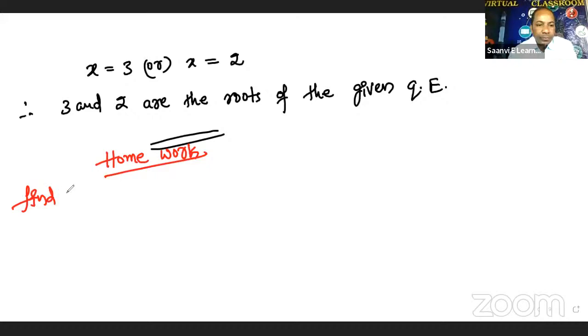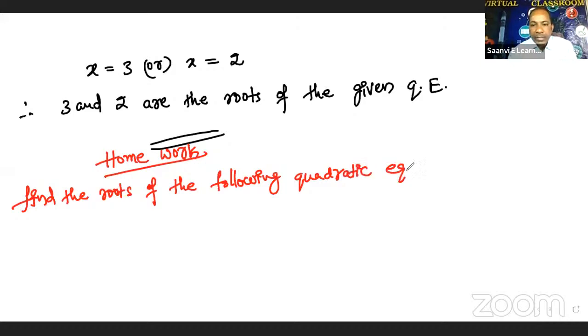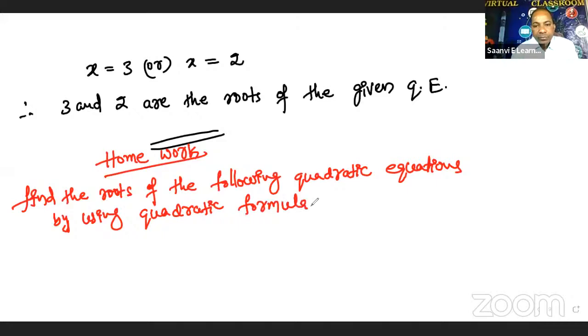Find the roots of the following quadratic equations by using the quadratic formula. By using the quadratic formula, you have to find the roots.